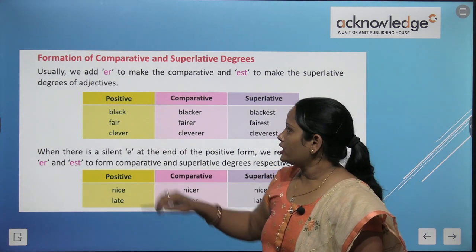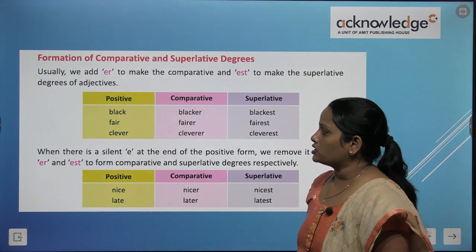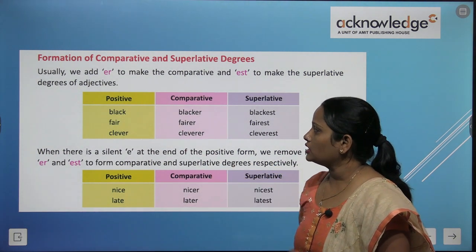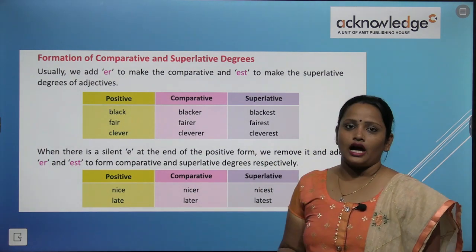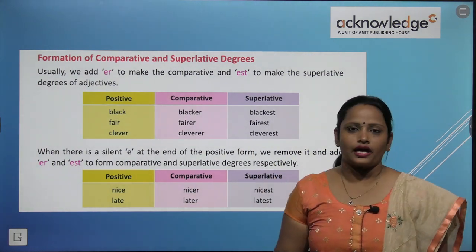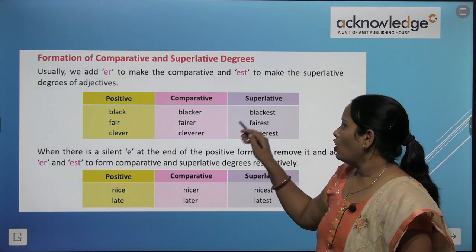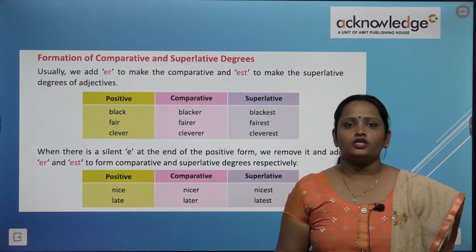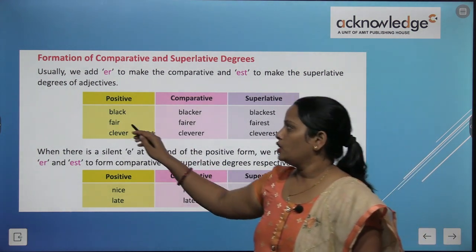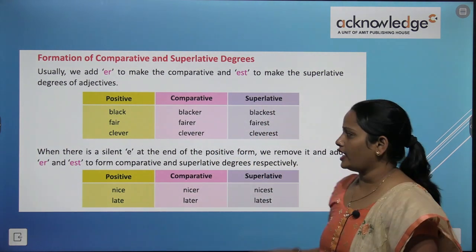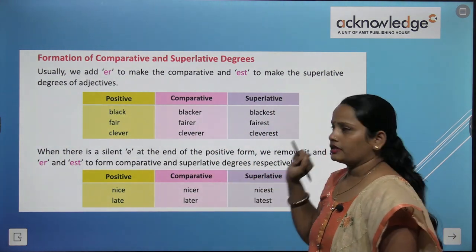So here we can see black is our positive degree and in this we have added ER. ER लगा दिया so ये बन गया blacker which is comparative degree और EST लगा दिया तो बन गया superlative degree. Fair, fairer, fairest, clever, cleverer, cleverest.